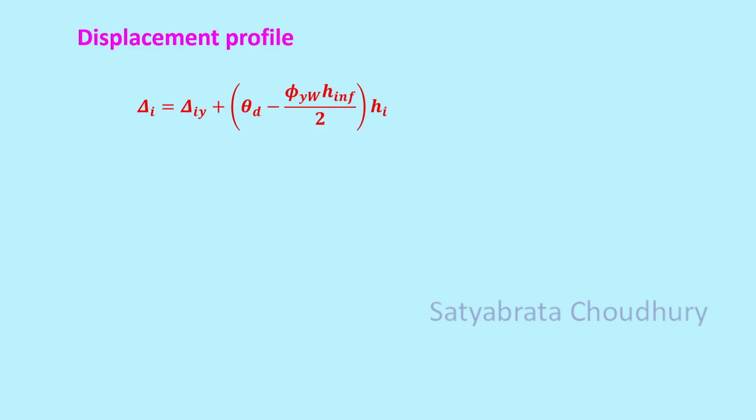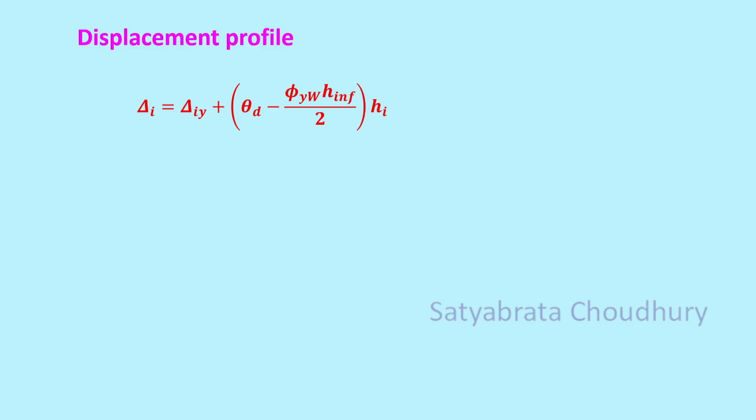So the displacement profile delta I we just talked about is given by this formula. Delta I, the displacement at ith floor level, equal to delta Iy, the wall yield displacement at that level, into this parameter theta d minus phi yw, h inflection divided by 2 multiplied by hi.